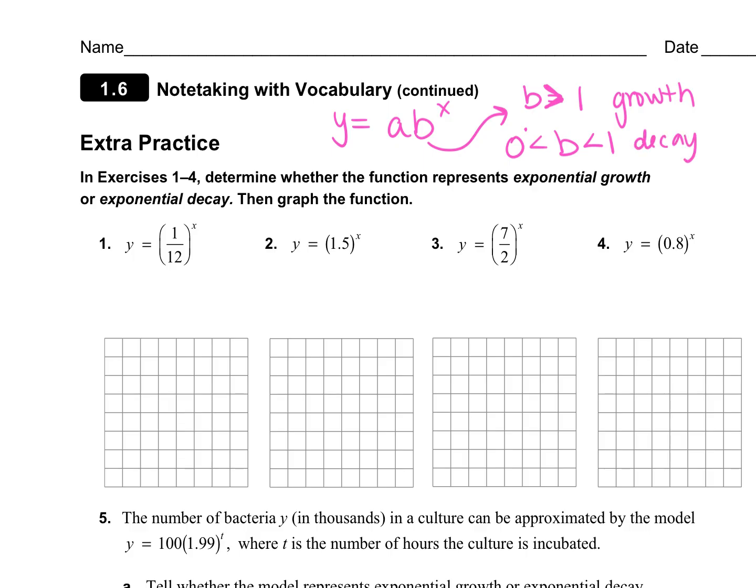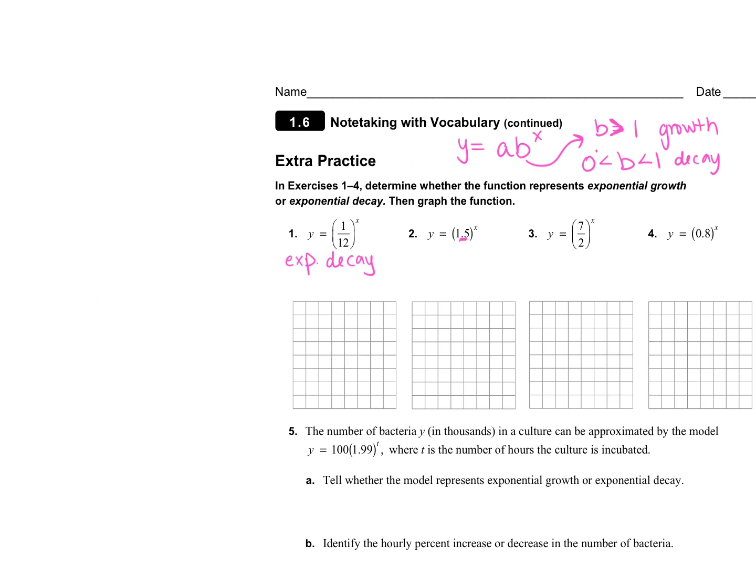A lot of people were getting confused because they thought things like 2, because it's got a decimal in there, means it's exponential decay, but it's not because it's bigger than 1. So this one would be exponential decay because it is a fraction that is much smaller than 1. When we graph it, we've got to put our grid in there.